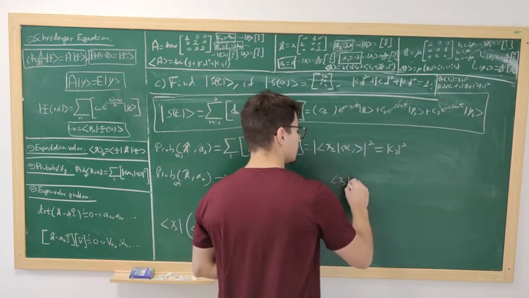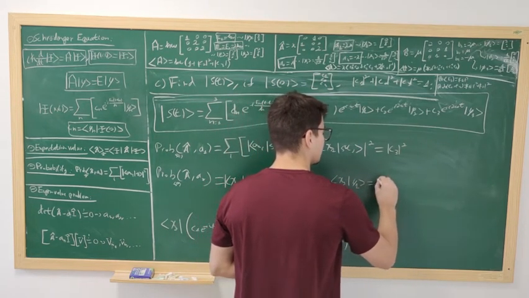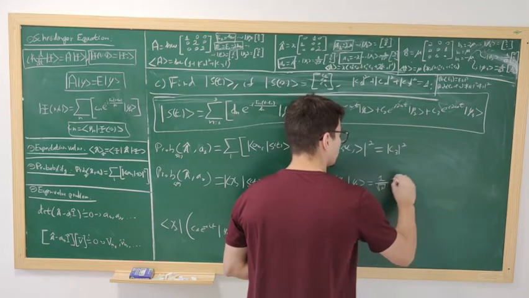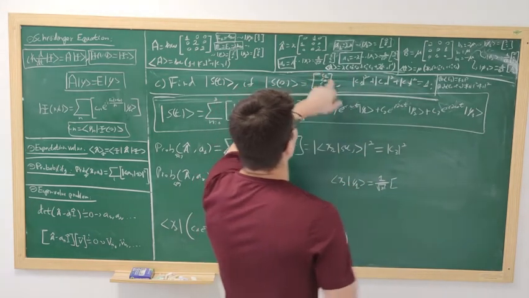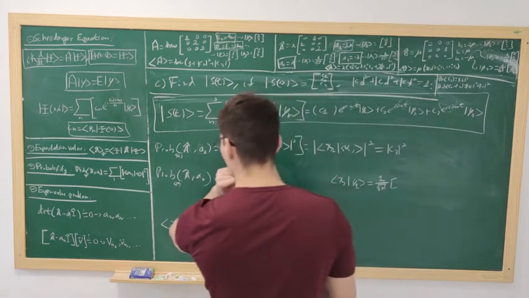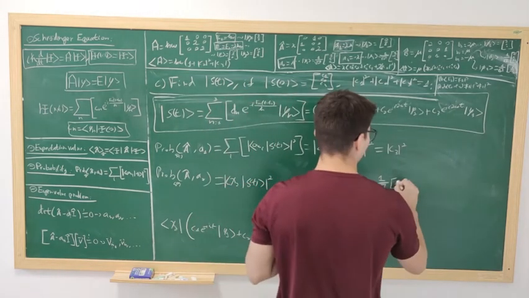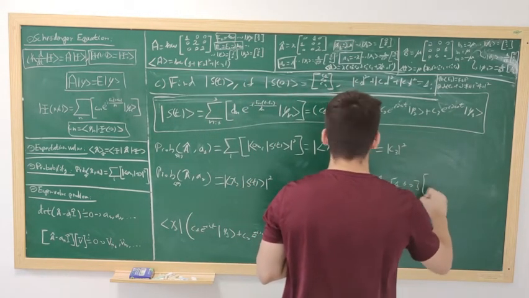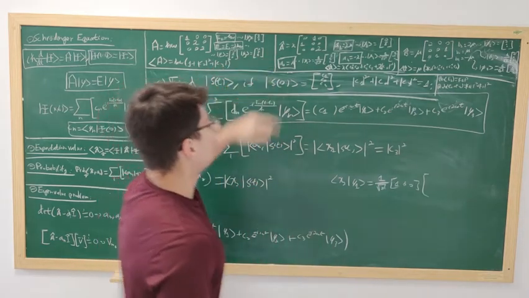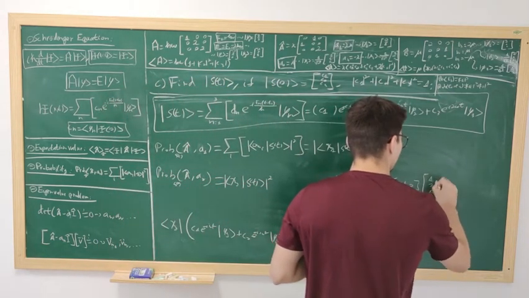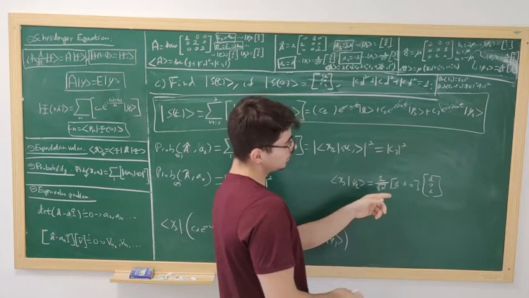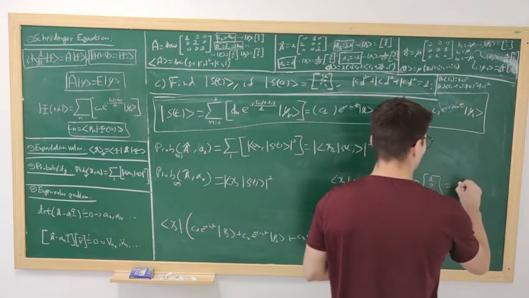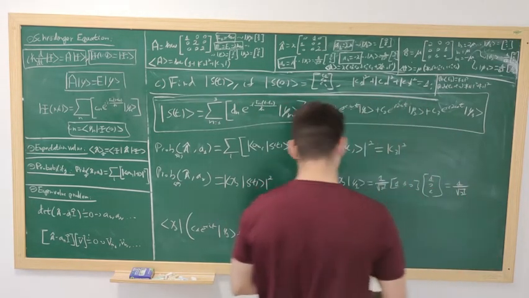So psi 2 times phi 1 is just 1 over square root of 2 times 1, 1, 0, times 1, 0, 1. Well, this just gives us 1 over the square root of 2.